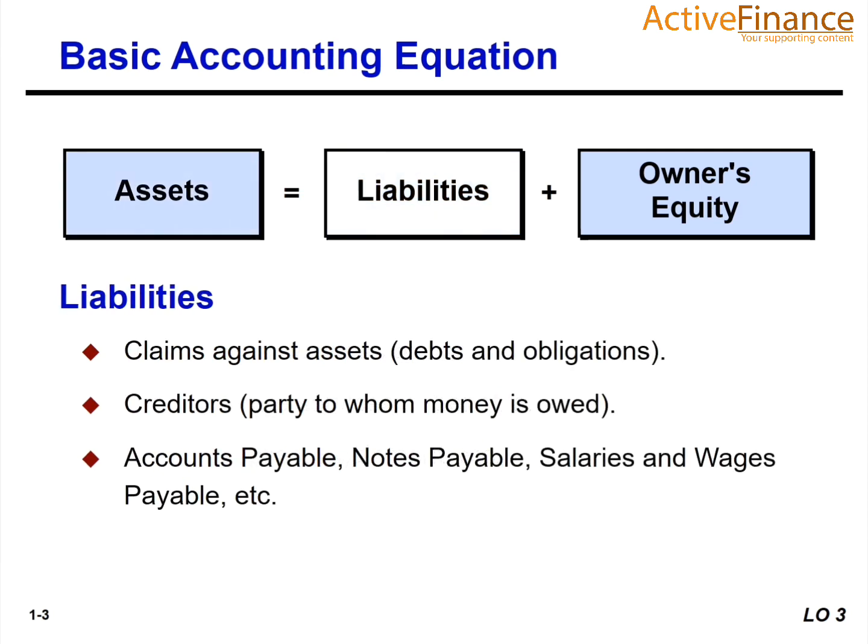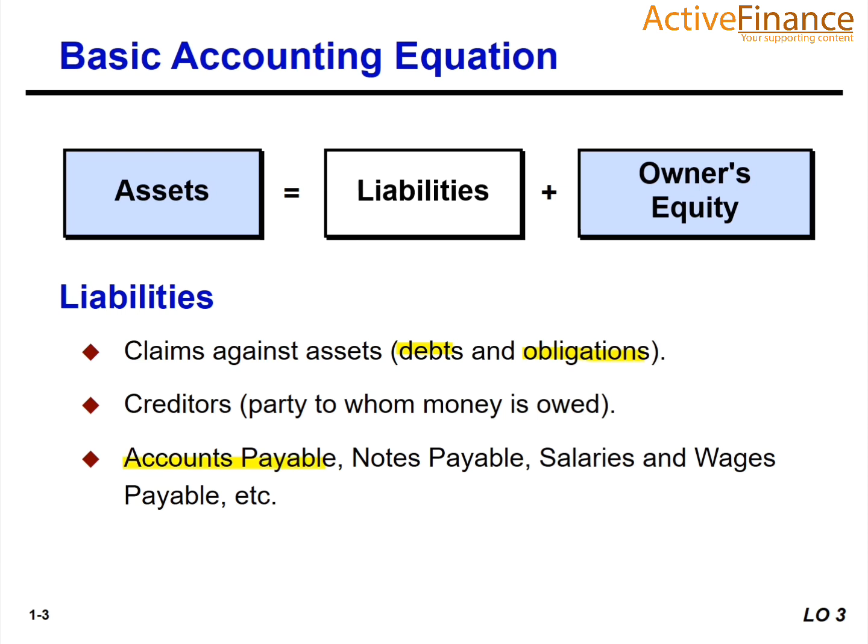Now second, liabilities. Liabilities are the claims against assets, like debts and obligations of the company, creditors, parties to whom money is owed, accounts payable and notes payable.